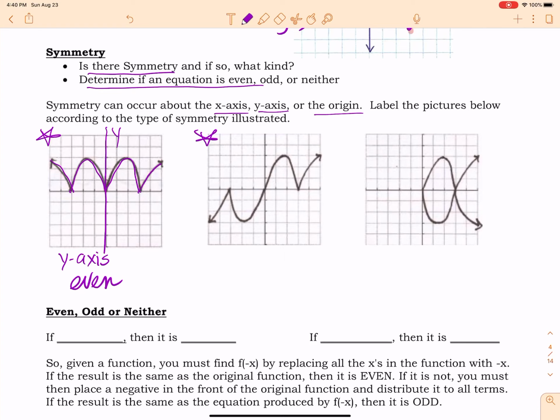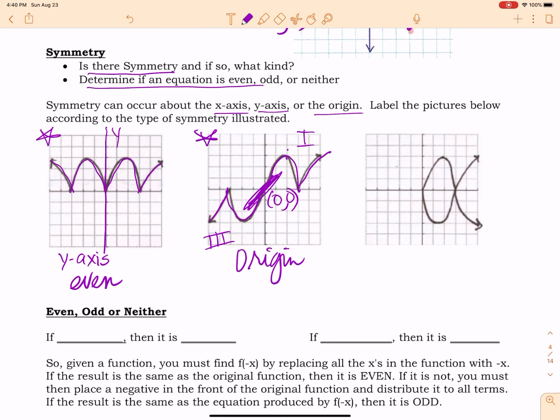This second graph, we've got this reflected over here and this reflected over here. That's reflected from quadrant 1 and quadrant 3. So that's an indication that we have symmetry over the origin. So remember, the origin is the middle at 0, 0.